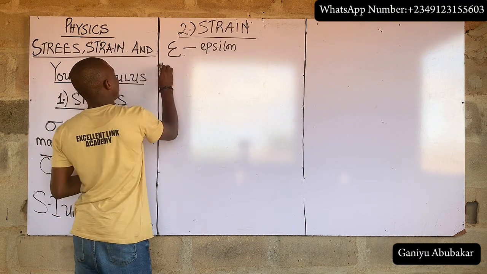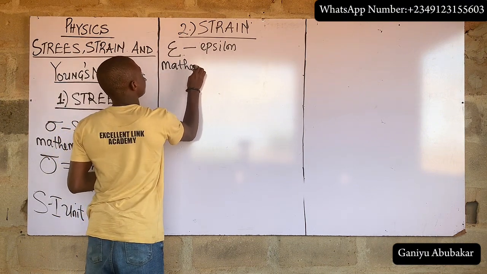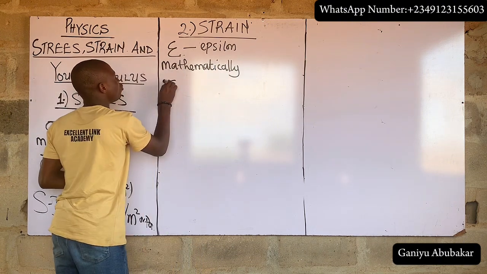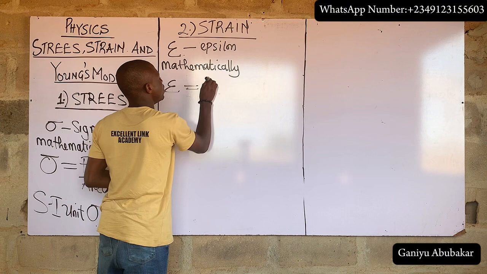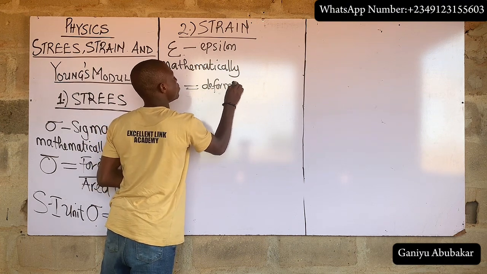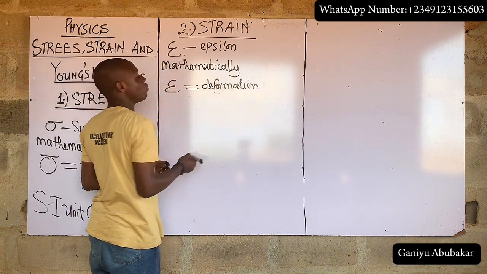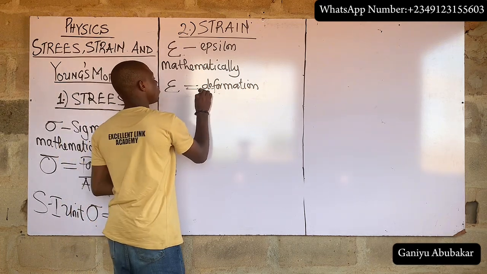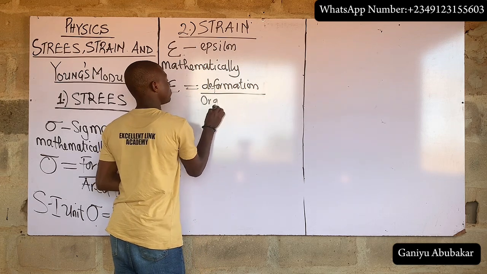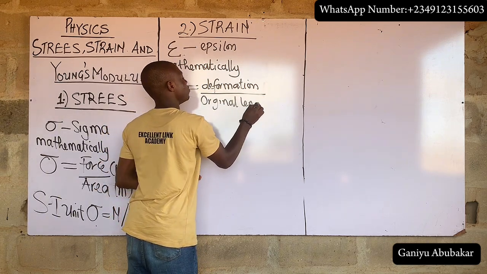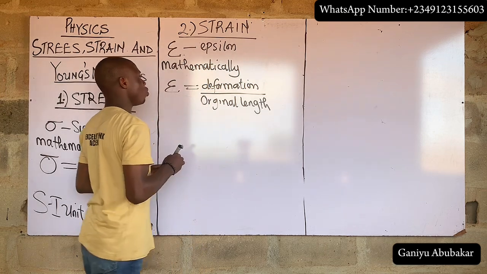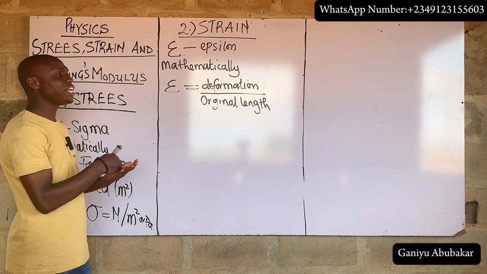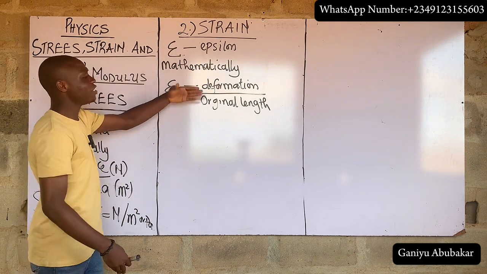So at this point now, mathematically, strain is equal to what? Deformation, or perhaps I can use extension, if you want to. Either use deformation or extension all over the original length. So when it comes to strain, I'm taking the ratio of a length over another length.